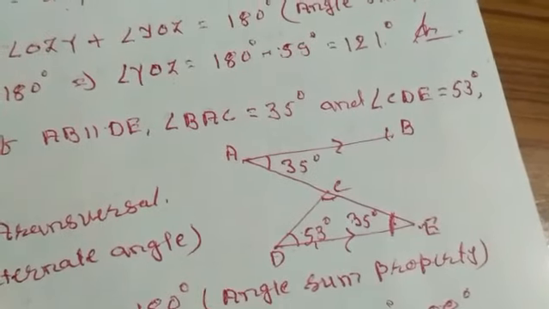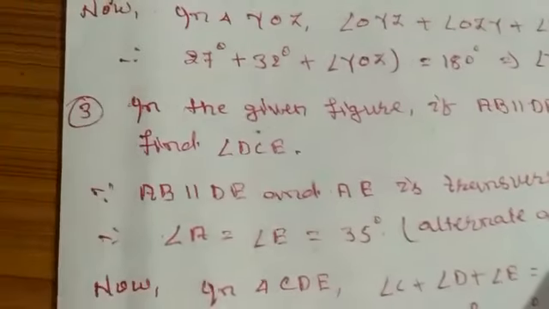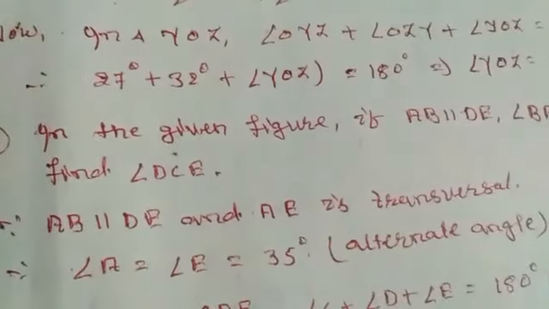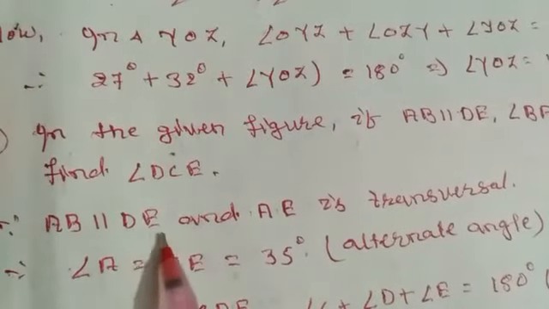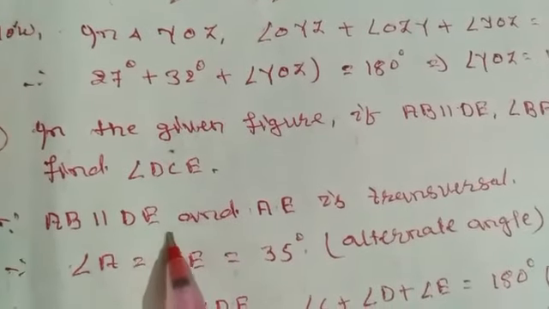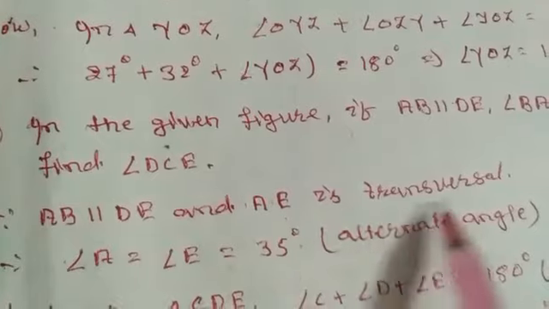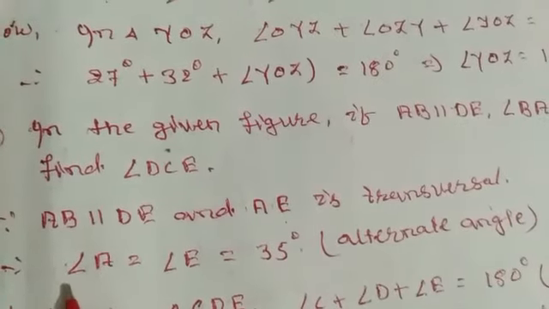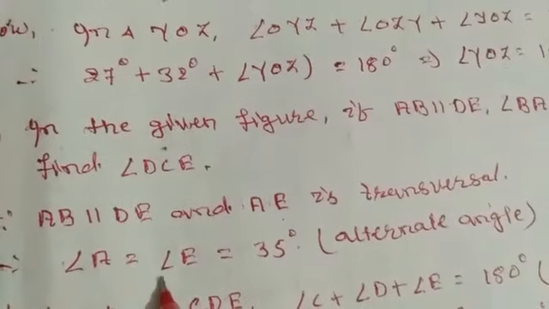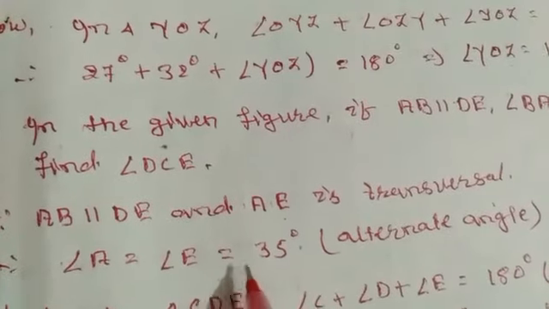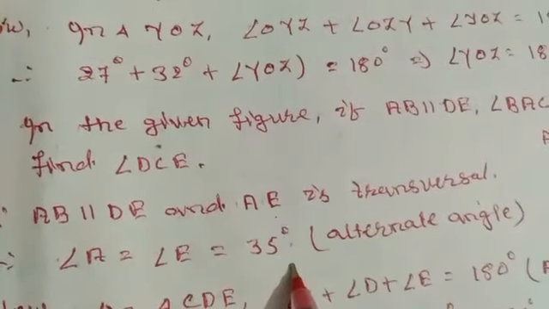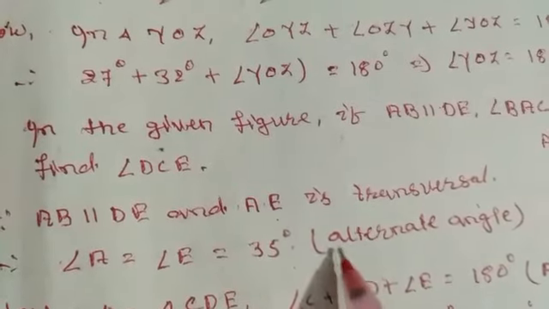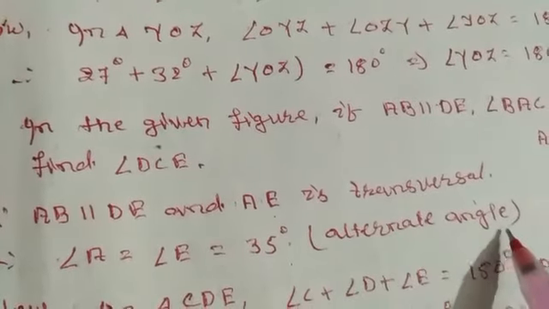And now, here AB is parallel to DE and AE is transversal. So we have angle A equals to angle E equals to 35 degree. This is due to alternate angle.